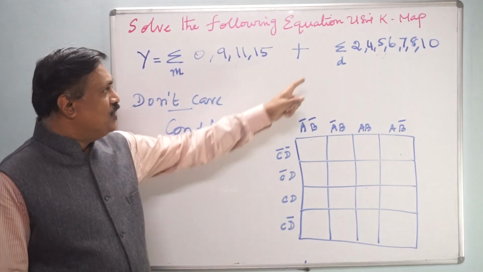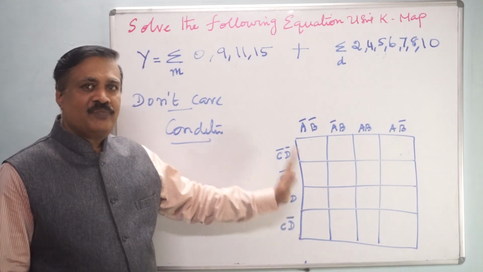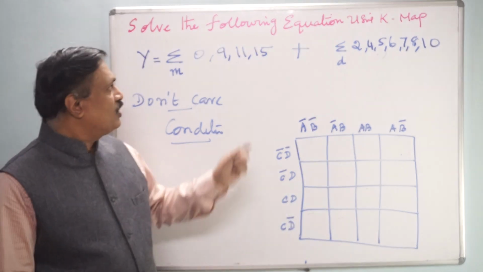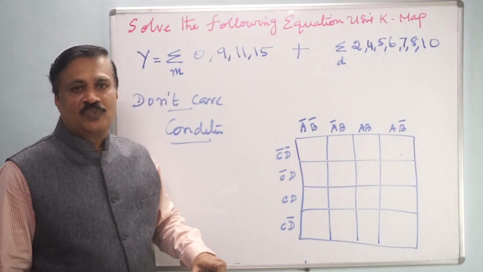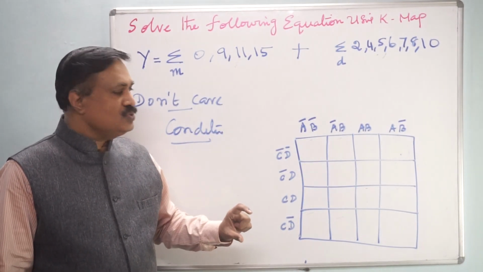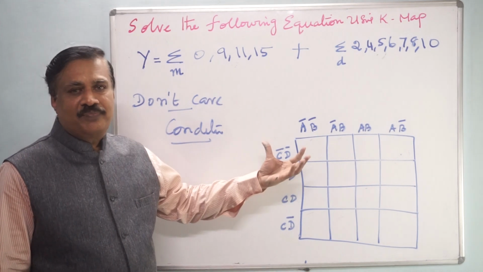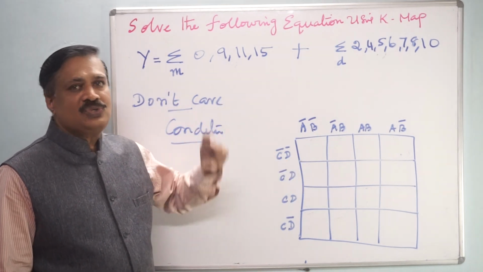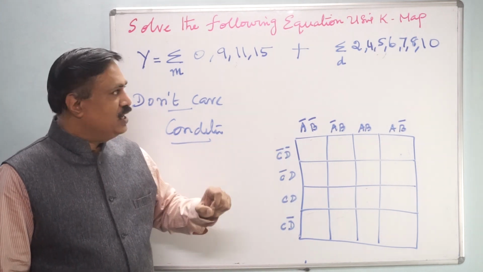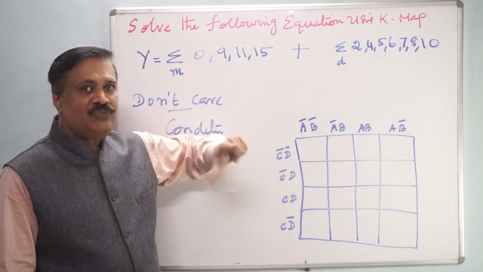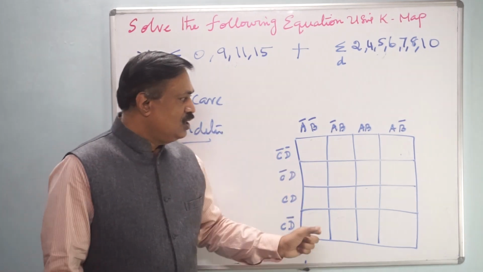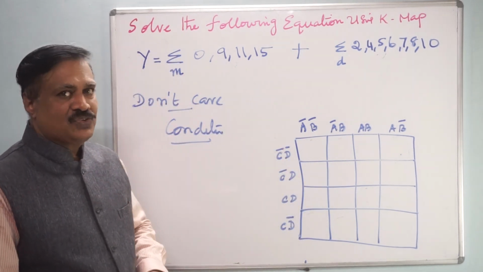Just like that, don't care conditions are given in the equation, and we use them only for reducing the equation. We must use all the ones, but we should not use all the D's. We can use the don't cares only for reducing these minterms. I will solve it, and after that you can easily understand.